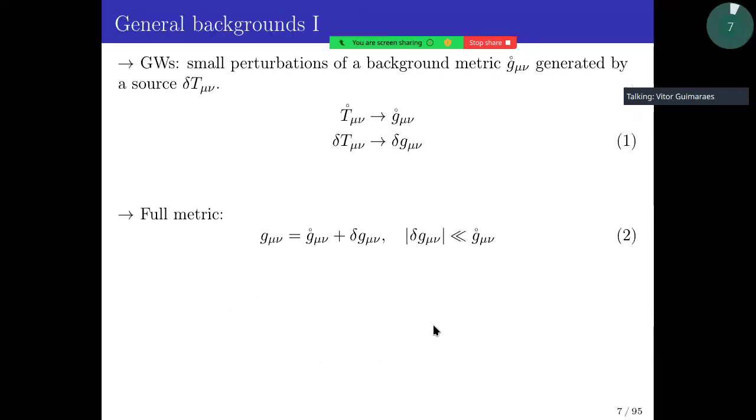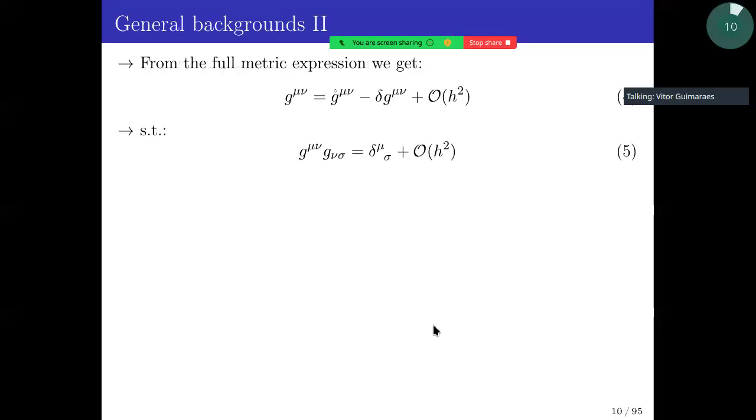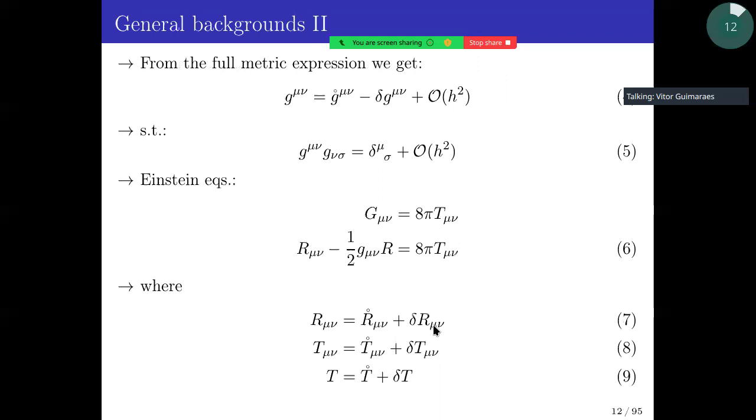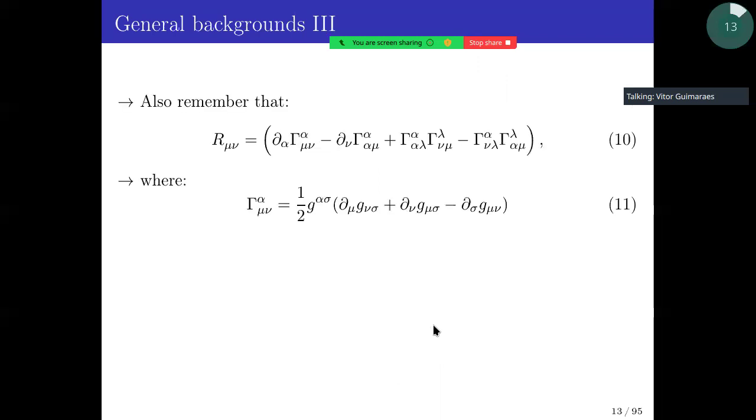Okay, so we saw how the perturbed Einstein equations would look in the case of a general curved background. We did all the same steps that we did in the previous lecture.